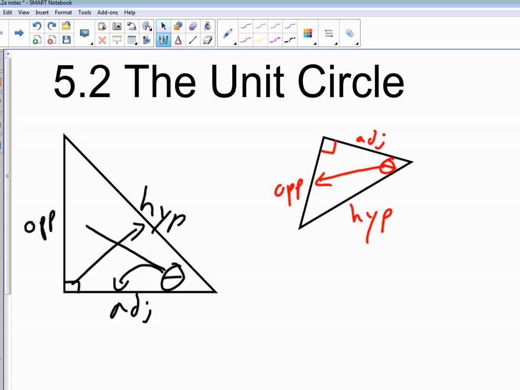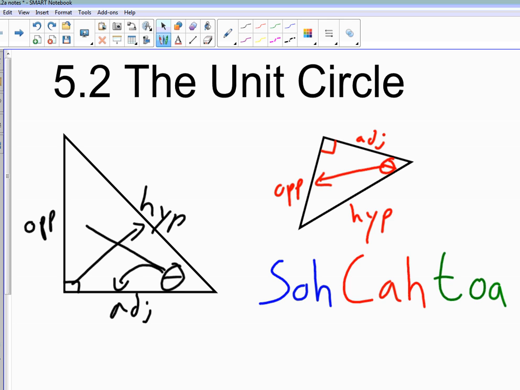So remember, sine is opposite over hypotenuse, cosine is adjacent over hypotenuse, and tangent is opposite over adjacent. Those are going to be really crucial to understand as we move forward.